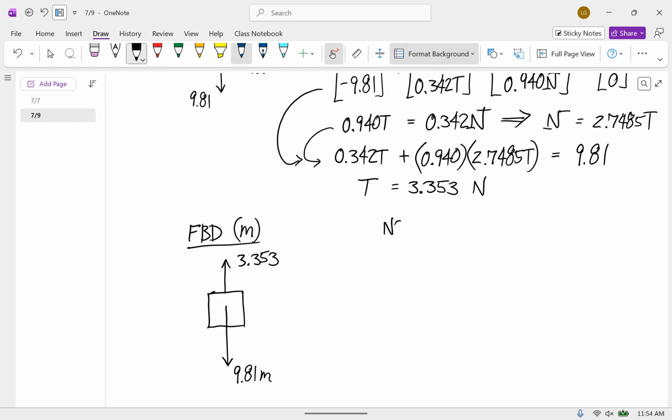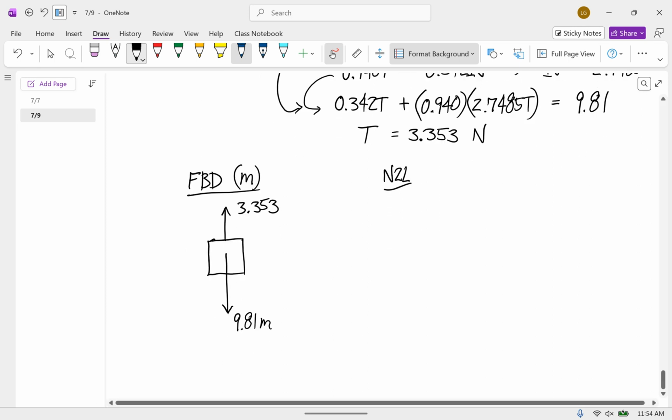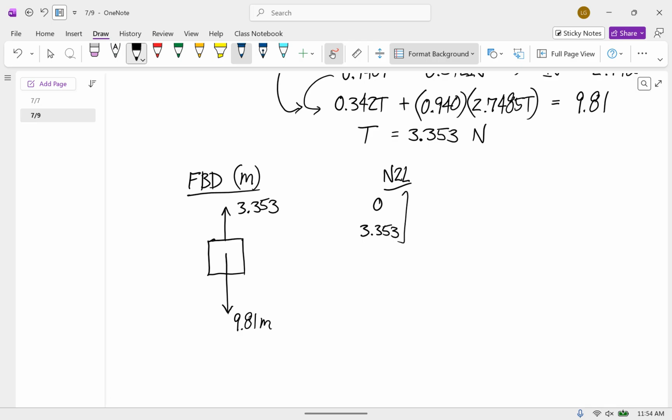And now we'll go to Newton's second law. We have 3.353 plus 0, negative 9.81 m is equal to zeros.